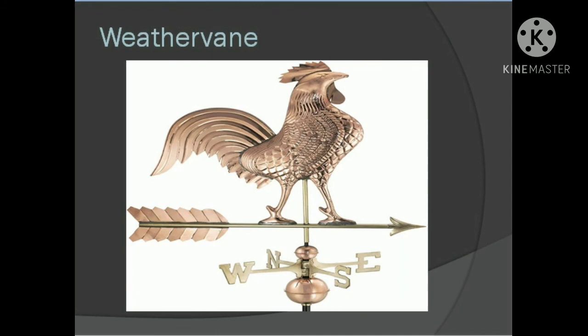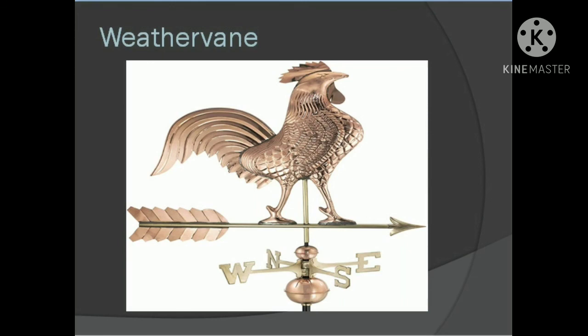Weather vane. Dear student, this is a device which is used to find the direction of wind. This device consists of an arrow-shaped vane mounted at its center to move freely about its vertical axis.